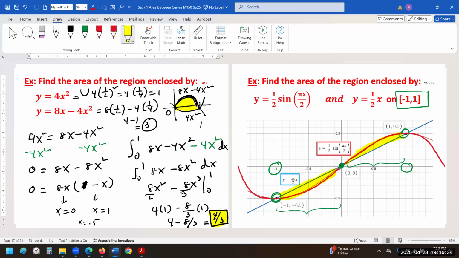From -1 to 0, you have to put the line minus the sine function. But from 0 to +1, it's the sine minus the line. And good news, both parts give you the same result. So you can find one area and multiply by 2.